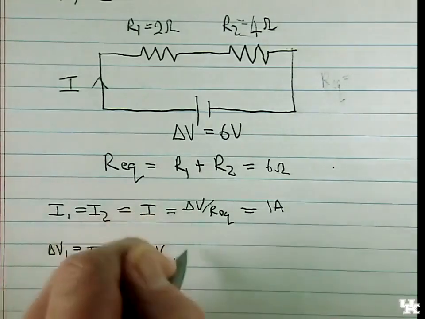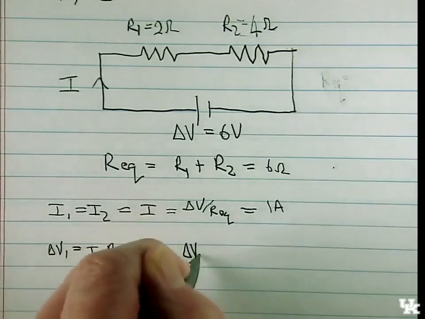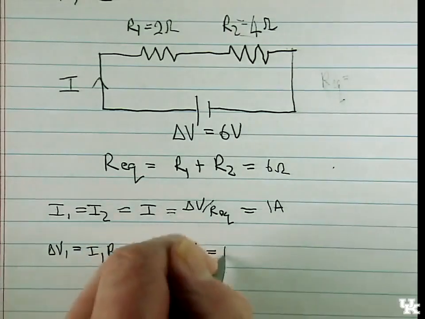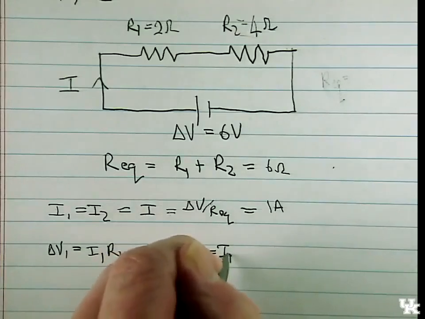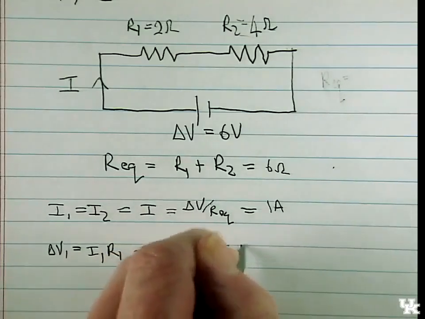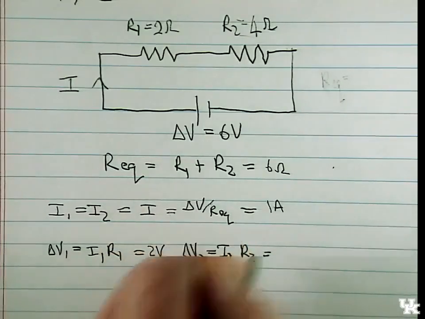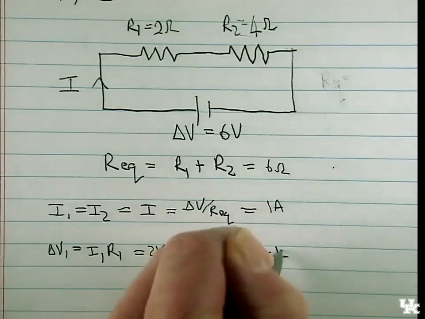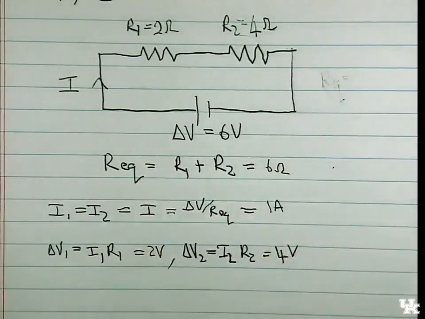We can do the same thing for the second resistor. The voltage across the second resistor, by Ohm's law, is the current through the second resistor, that's I2, times the resistance of the second resistor, that's R2. I know both those numbers. It's 1 amp times 4 ohms. That's 4 volts. And so those are the 2 voltages. And you notice there, think about this. The battery supplied 6 volts.